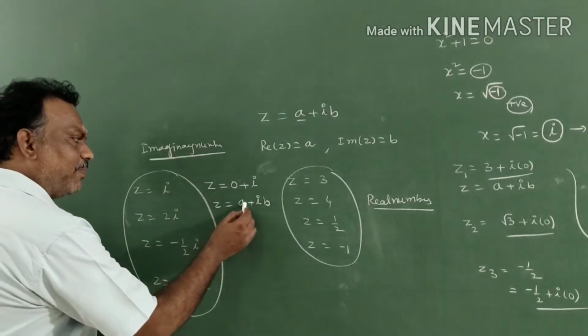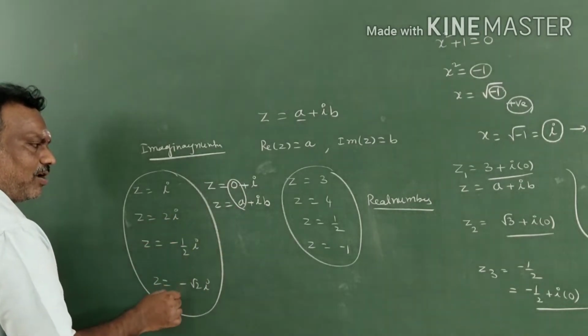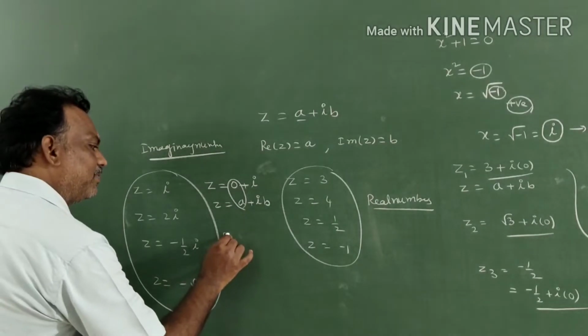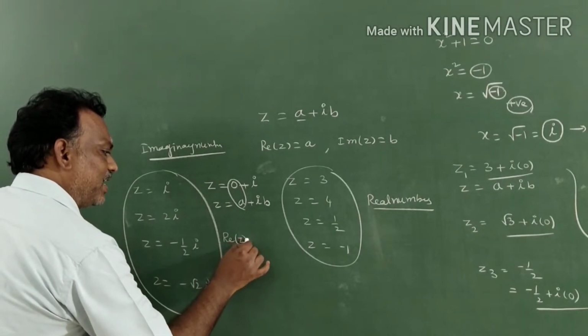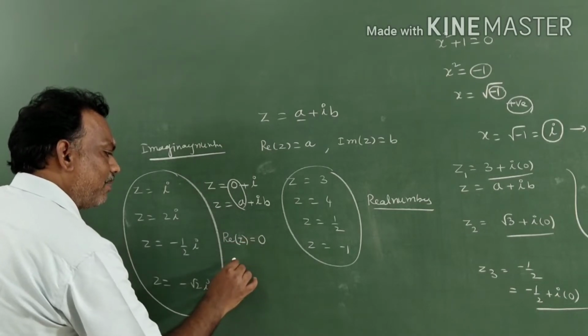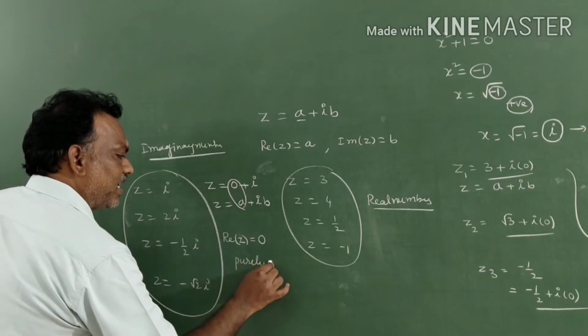So here the real part is 0. Here also the same, all real parts are 0. The real part of Z we denote mathematically as Re open bracket Z. If the real part of Z is 0, such complex numbers are called purely imaginary.